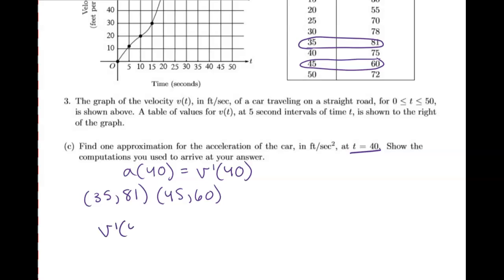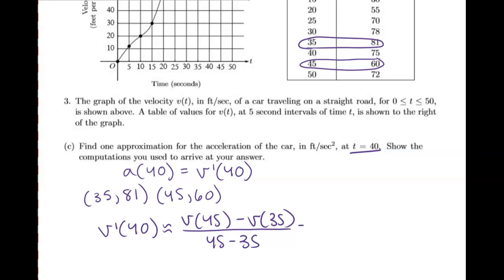So v prime of 40, which is a of 40, is approximately v of 45 minus v of 35 divided by 45 minus 35, which is 60 minus 81 over 10, which is negative 21 over 10.